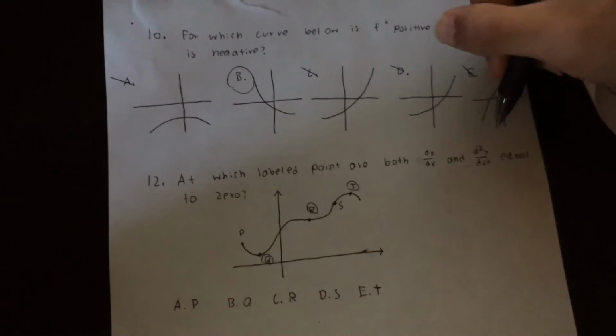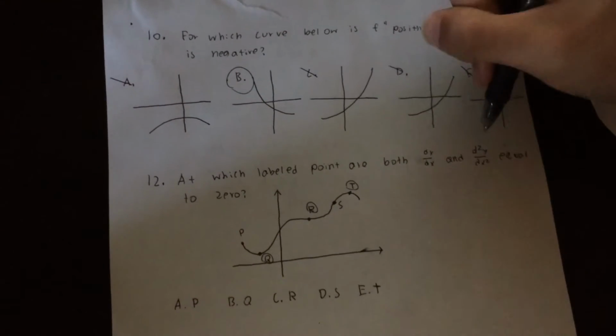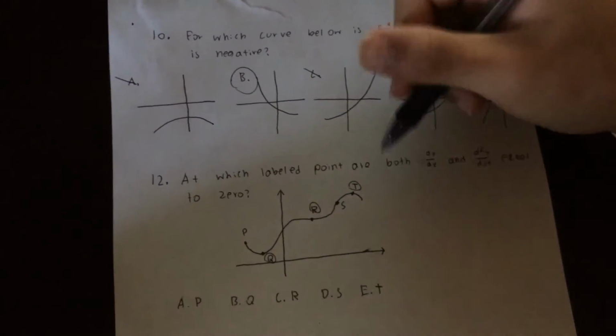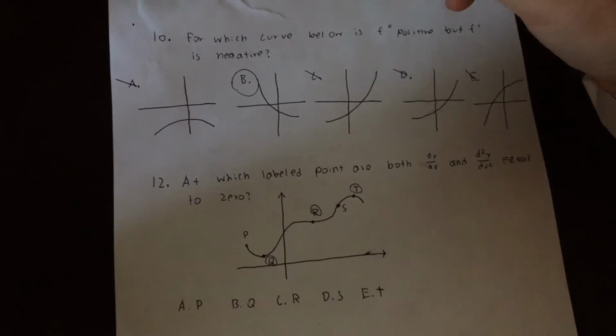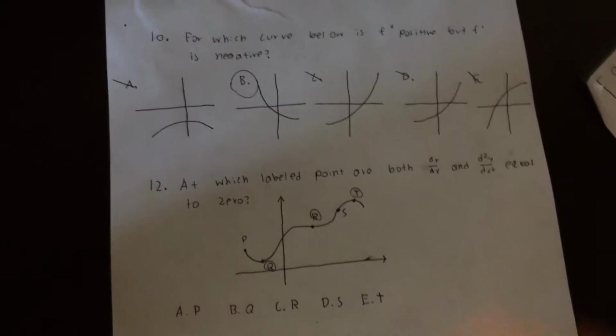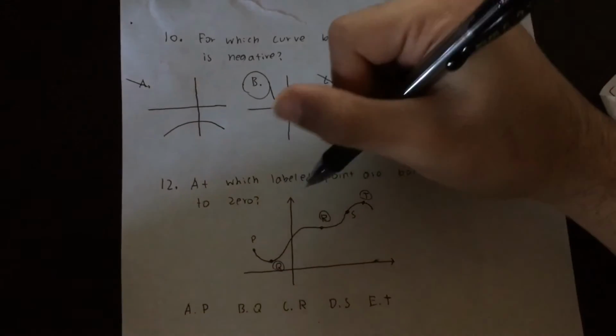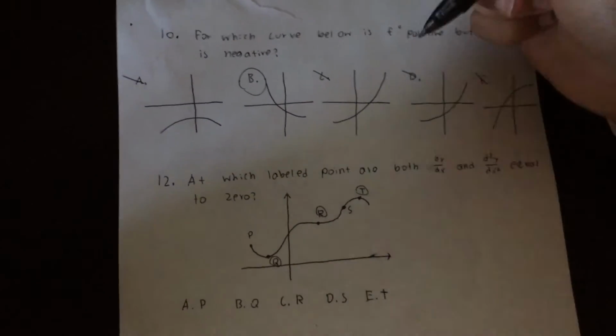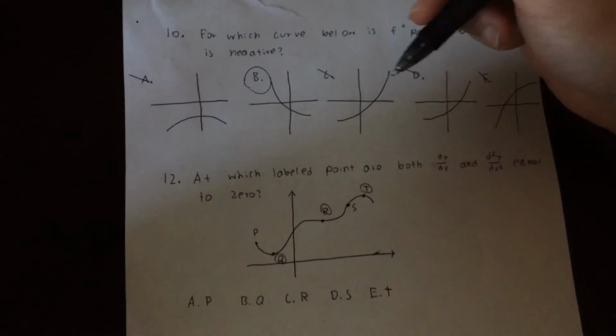For the next part of the problem, d squared y over dx squared, the second derivative of this graph, has to be equal to 0 also, which means we have to find the inflection point. And an inflection point would occur if the graph switches concavity from concave up to concave down, or concave down to concave up.